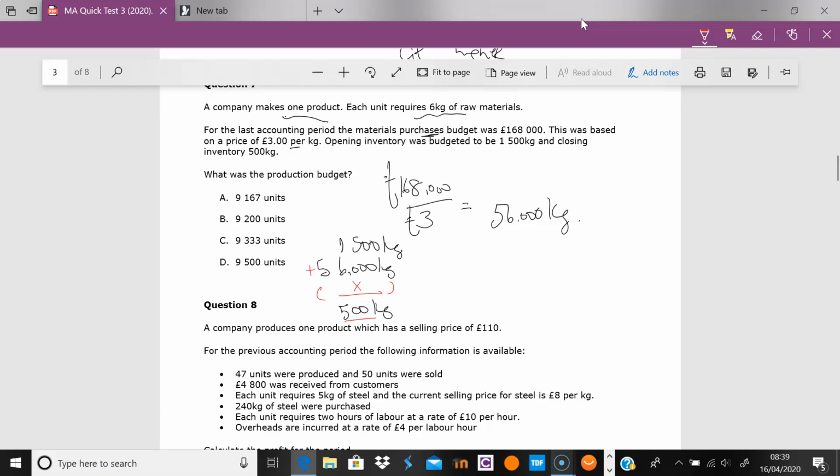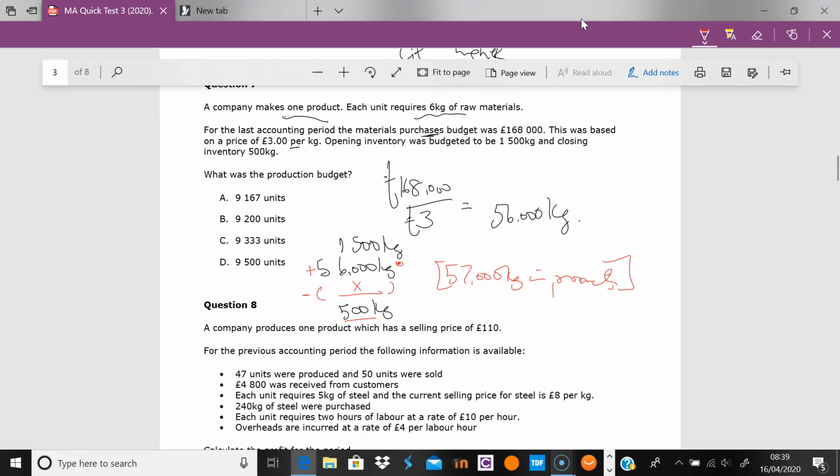The question here is, what is the amount that you used in effect? That must be 1,500 plus 56,000 minus 500, so you used 57,000 kilograms in production. This figure is purely to do with what you bought in. This figure is to do with what you actually used in production.